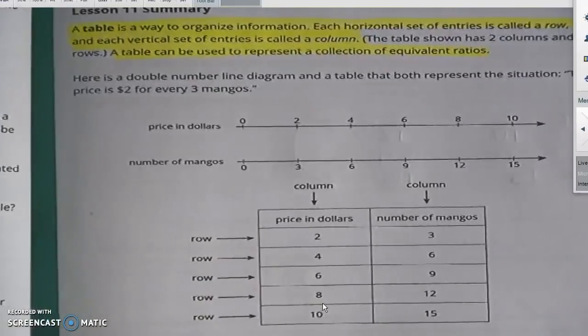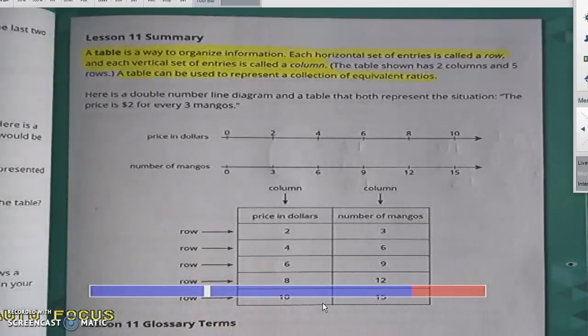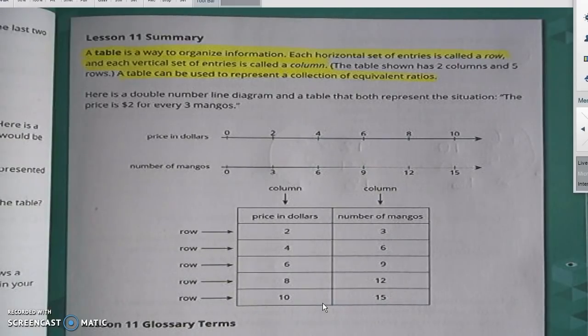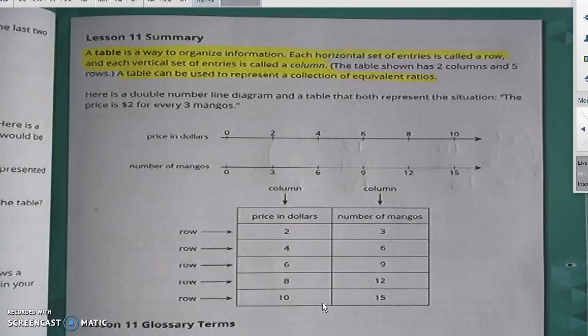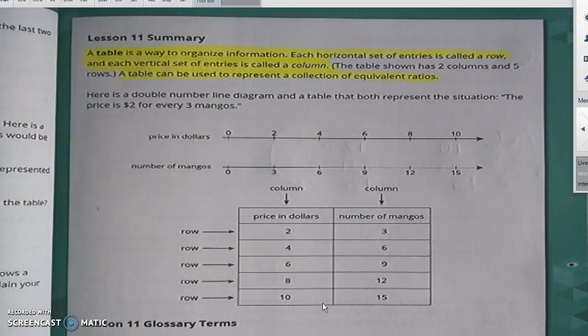So the summary for lesson 11 is on page 63. And here is where they first introduce a table. So a table is a way to organize information. Each horizontal set of entries is called a row, so these are all the rows, and each vertical set of entries is called a column. A table can be used to represent a collection of equivalent ratios.